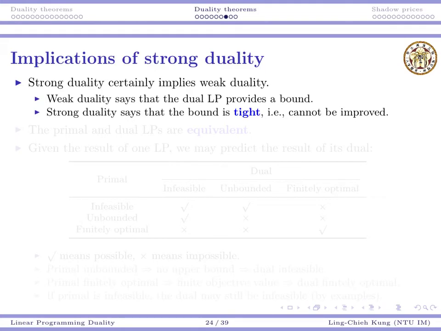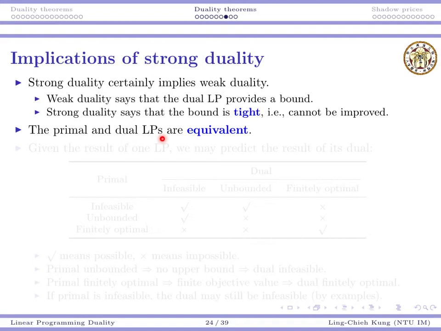So now strong duality certainly implies weak duality. As we mentioned, there is a bound, and strong duality tells us that bound is tight or cannot be improved. And given all the propositions we just proved, the primal and the dual LPs are equivalent, right? When I give you a primal, we define a dual uniquely, and the dual of the dual goes back to the primal. That's one thing.